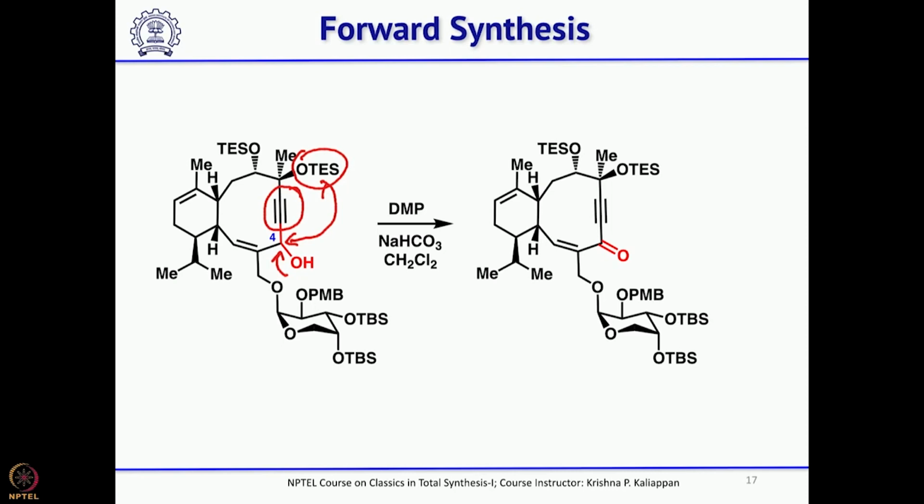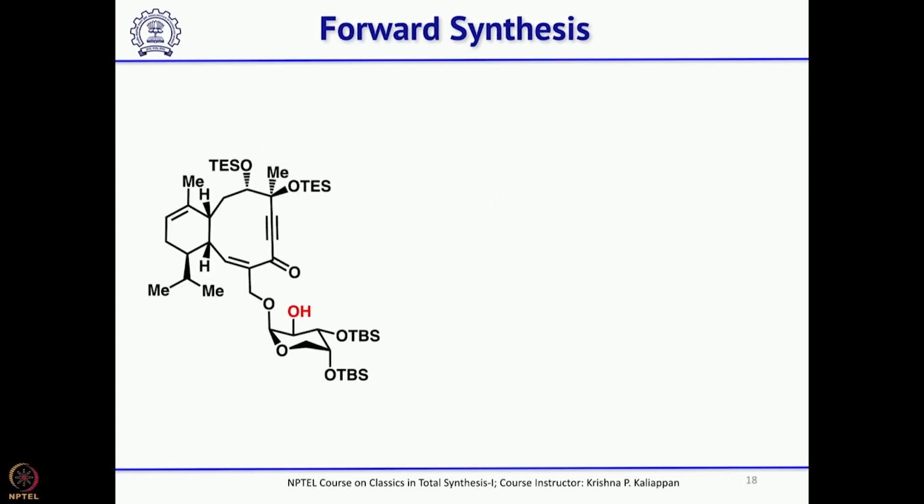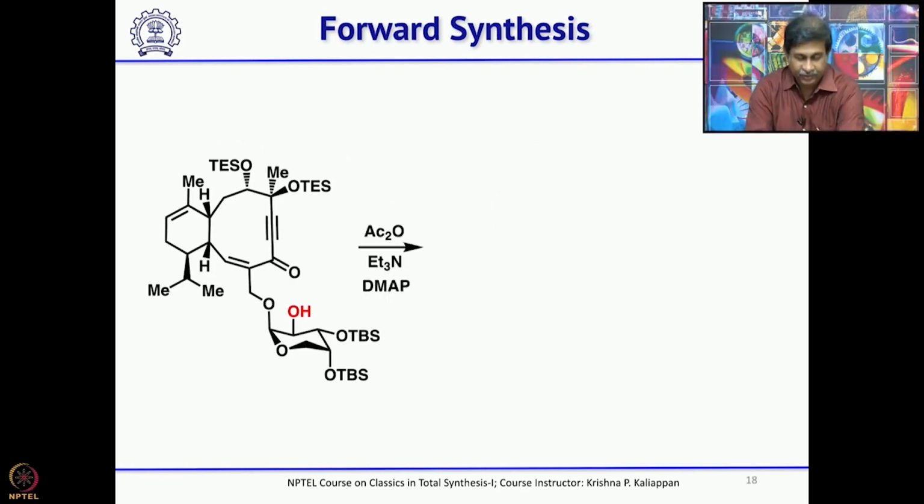Okay. Now, when you remove the PMB group, because the PMB group is a little bulky, it is better to remove the PMB group by treating with DDQ, and you get the free hydroxyl group. Then you reduce the triple bond to the double bond. At the same time, it is better to reprotect the hydroxyl as acetate.